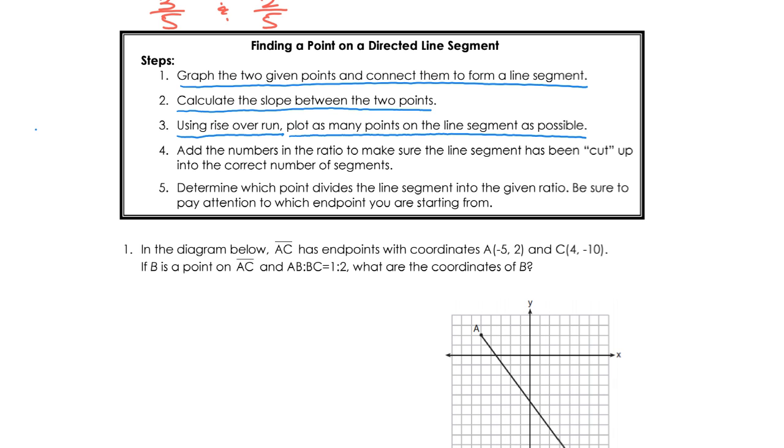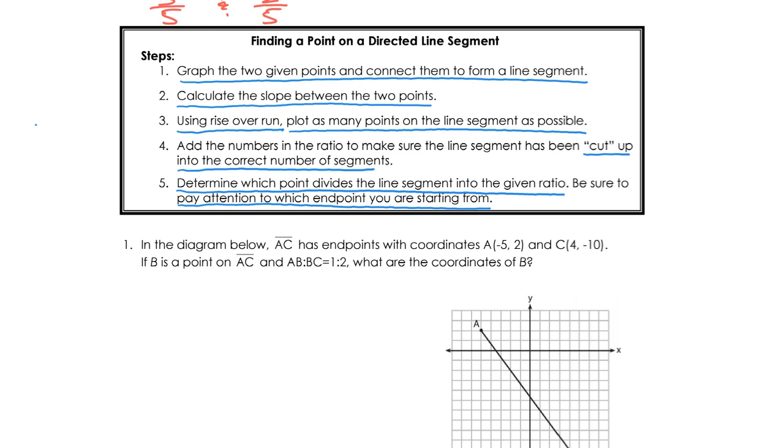And we're going to hopefully make sure that our line segment has been cut up into the correct number of parts or line segments. Okay. And then we're going to go ahead and determine which point on the line segment they actually want as the answer. Make sure that you pay attention to which end you are starting from. So which end is your start and which end is your end, okay?